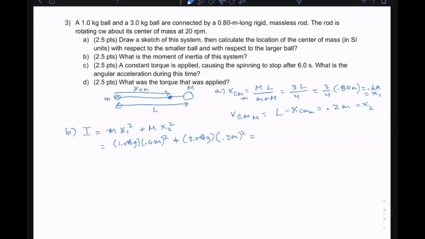And we put that in our calculator, and we get a result of 0.48 kilogram meter squared.